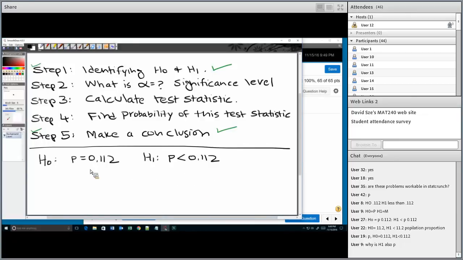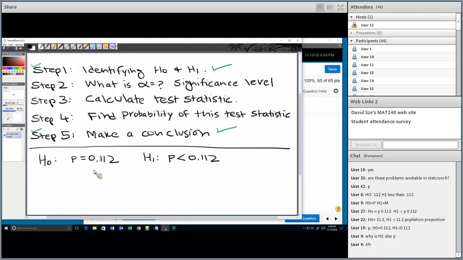But Donna, they have to have P in both, right? You can't be testing proportion in the null and then mean in the alternative, right? It's like you're asking, is P equal to 0.112 or is P less than 0.112, right? That's the question you're asking. Is P equal to 0.112 or is P not equal to 0.112, right?